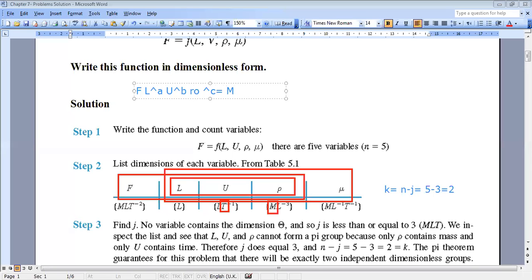To m to the power 0 times l to the power 0 times t to the power 0. Okay, so this is the condition to have a group.